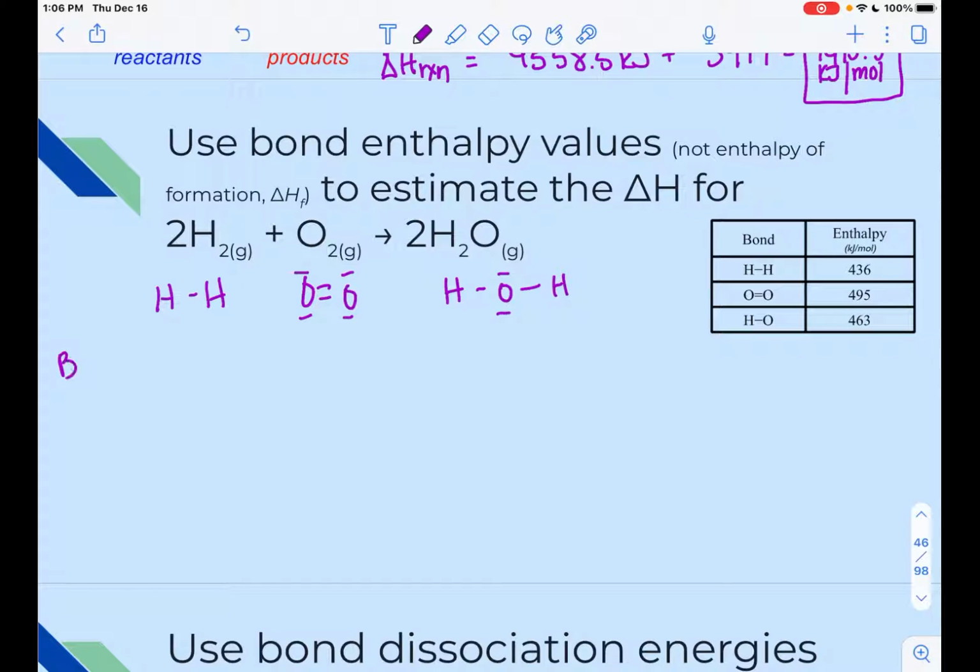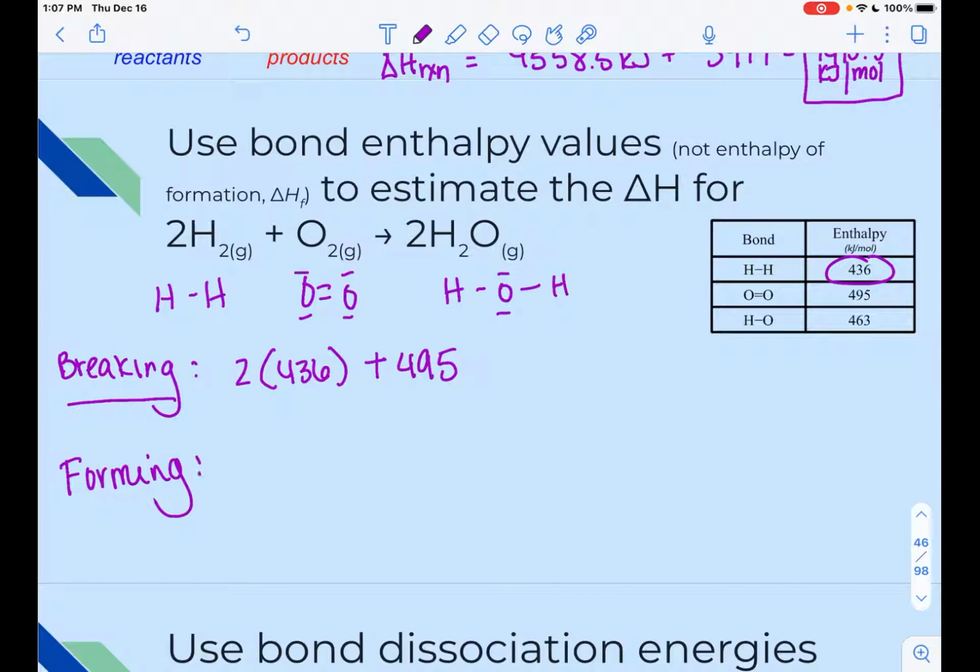The bonds breaking, we have 2 HH bonds, so 436 times 2, plus 1 double O bond, 495, and then forming, we're going to have 4, because we have 2 in each molecule, so 4 total.